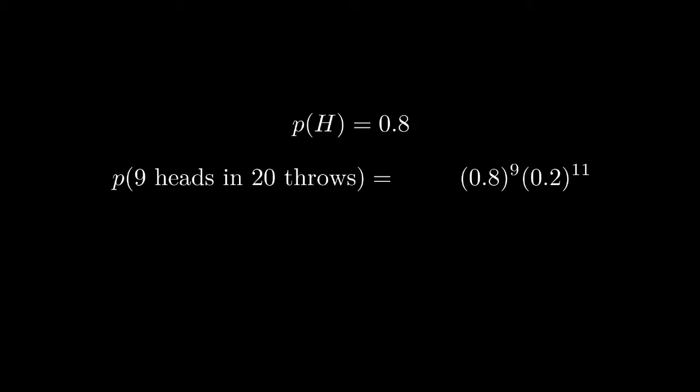For example, this would be the probability of seeing the 9 heads and then the 11 tails. It is also the probability of seeing the 11 tails first and then the 9 heads afterwards. Since we don't care about the ordering, we need to add up probabilities for all the different orderings of results. There are 20 choose 9 such orderings.